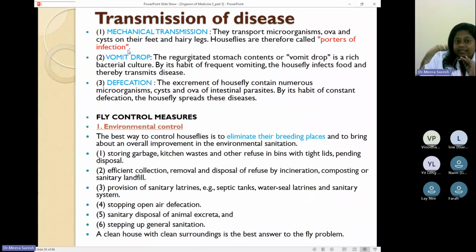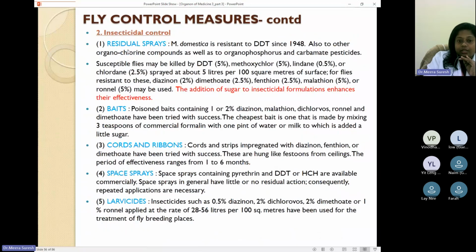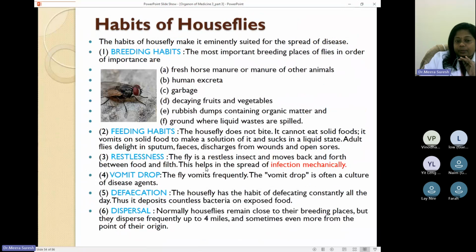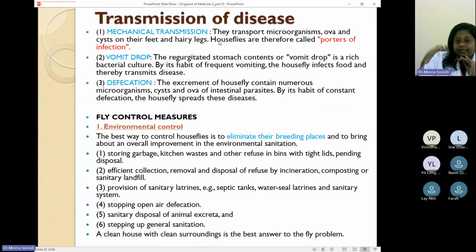This also you can expect as an MCQ. In the previous slide we saw that houseflies spread the disease mechanically, and here we see that houseflies are also called porters of infection because they are carrying the disease causing organisms, the ova, the cyst, etc.